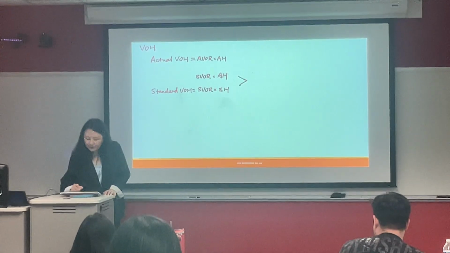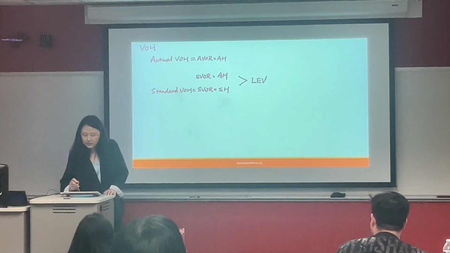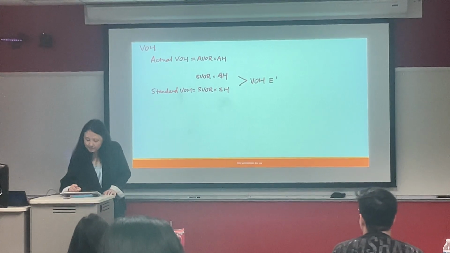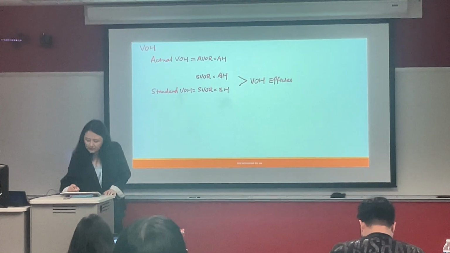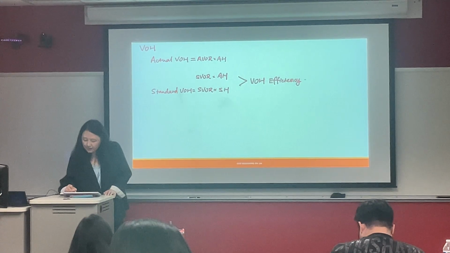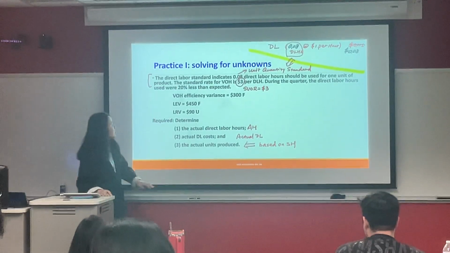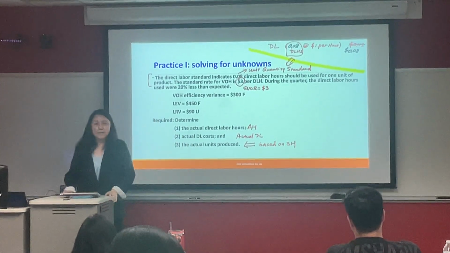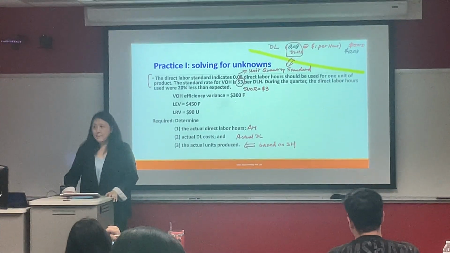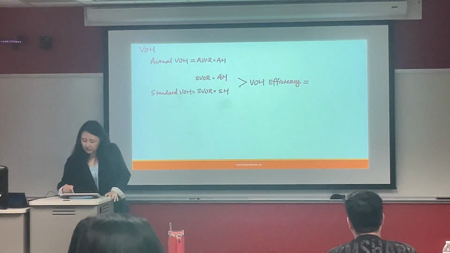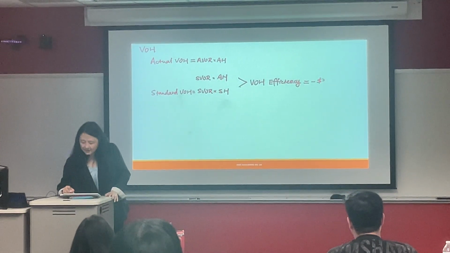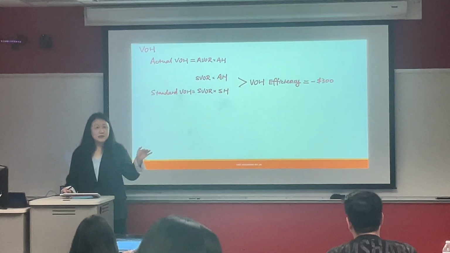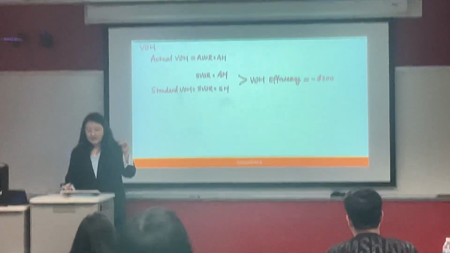And then we have LEV, right? This is the variable overhead efficiency, not LEV. Later on we will use LEV. It's 300F. Is that a positive or negative number? Negative number. This is not a favorable or unfavorable matter; I'm doing the calculation, so I'm gonna use minus 300 there, negative here.